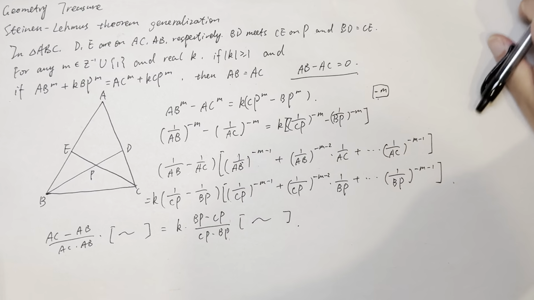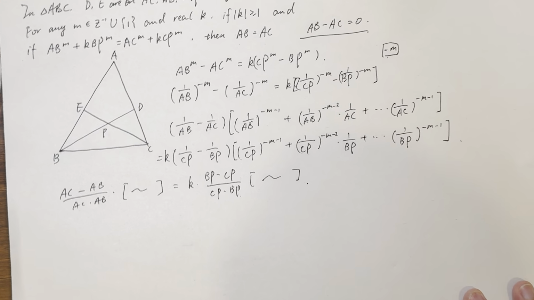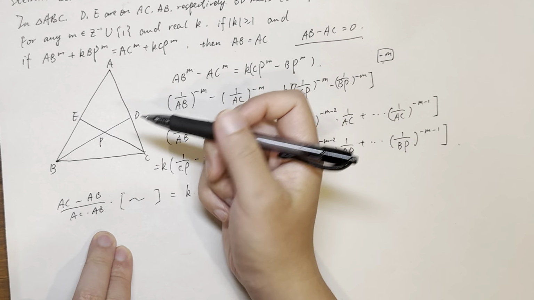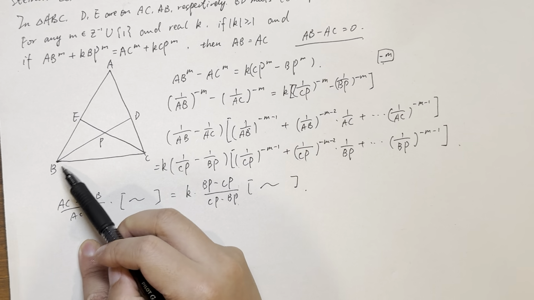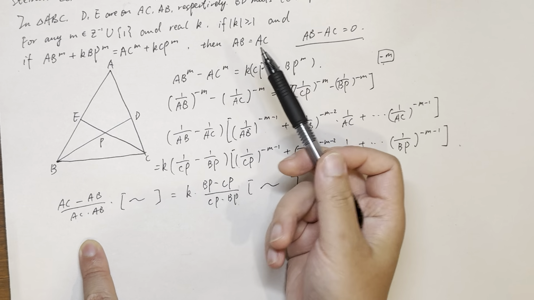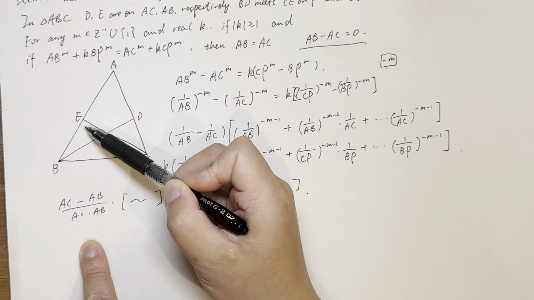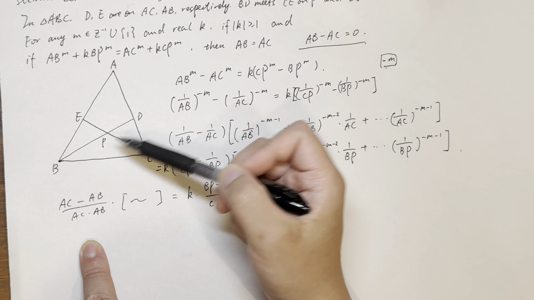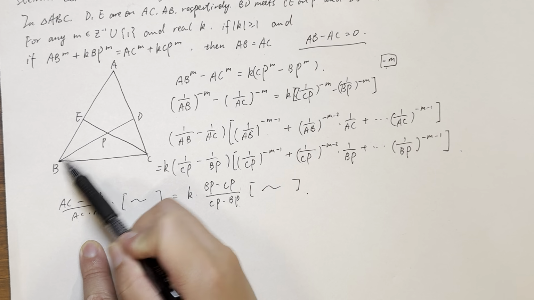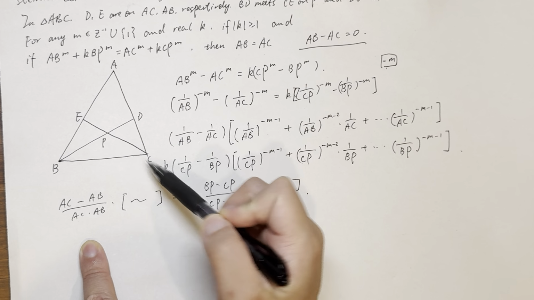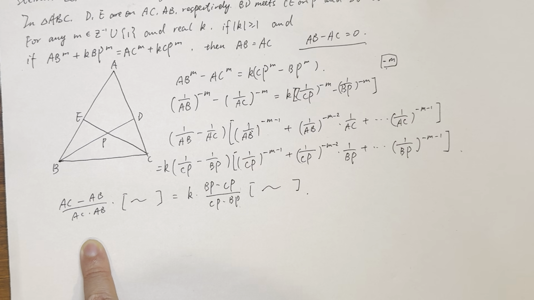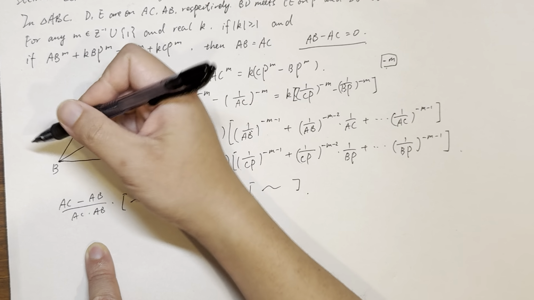Okay, so let's think about it. Now we look at the problem set. We only have that BD equals CE, and we want to find the relation between BP, AB, CP, AC. That's kind of difficult. Let's do it this way.